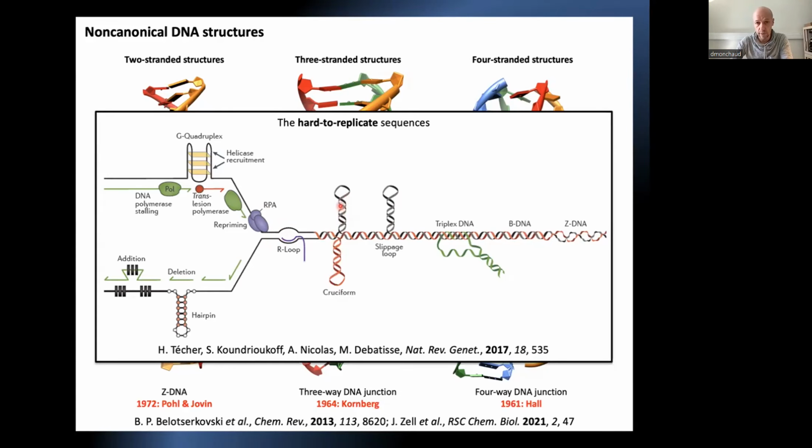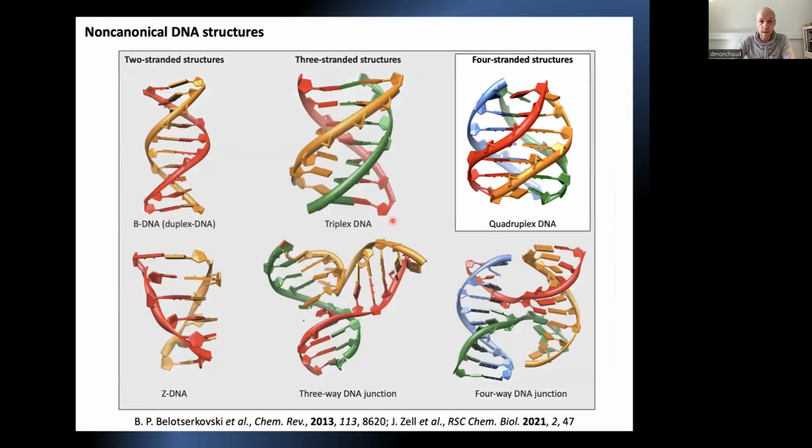For example, the 4-way DNA junction here, also known as a cruciform, or the 3-way DNA junction here, also known as a slippage loop. And only the exact sequence involved will dictate the type of structure that will be adopted by this sequence.